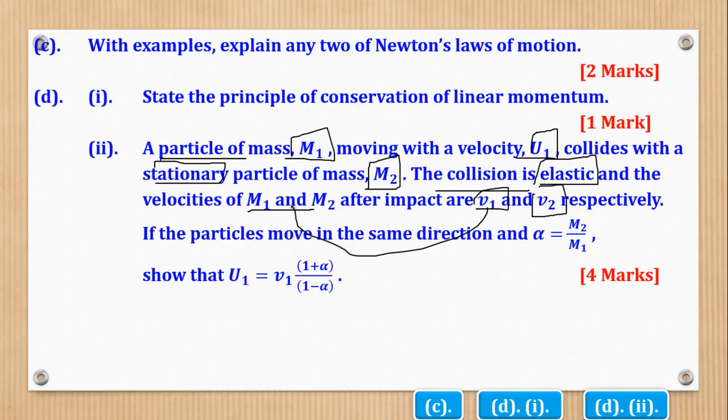So this is for m1, this is for m2. If the particles move in the same direction and alpha is equal to capital M2 over M1, show that U1 is given by that.